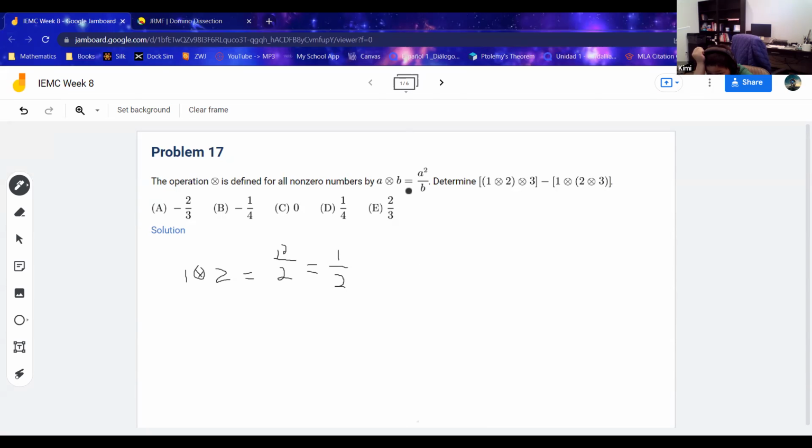Okay. And so now we can basically replace all of this with 1/2 as we just calculated. What does this x mean? Does it mean times? Oh, so this here is a specially defined operation. It's not add, it's not subtraction, it's not multiplication, and it's not division. It's defined right here. And you can see the operation involves 2 numbers.